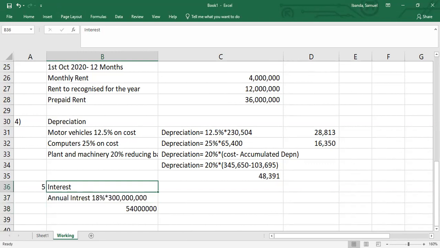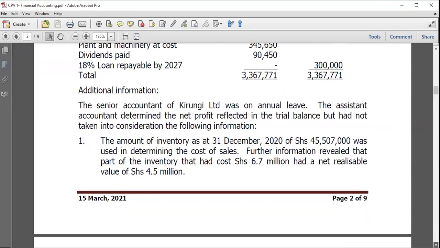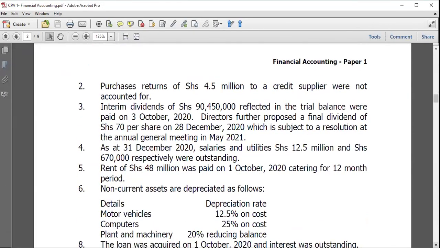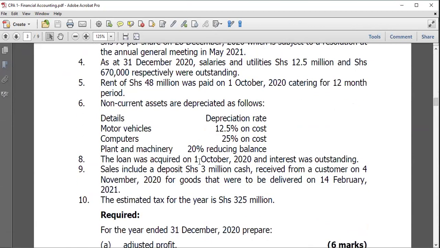But I want you to see something small here. This loan was actually not gotten at the start of the year. The examiners told us that this loan was gotten on 1st October 2020. Now, if your financial year ends 31st December 2020, it means that you have the months of October, November, and December. Those are 3 months.